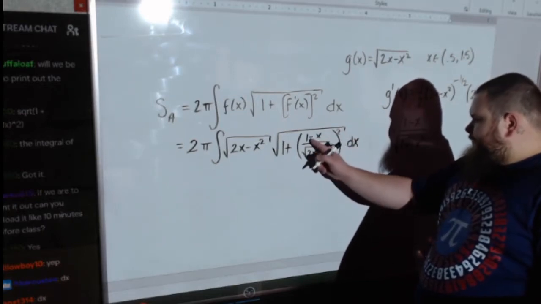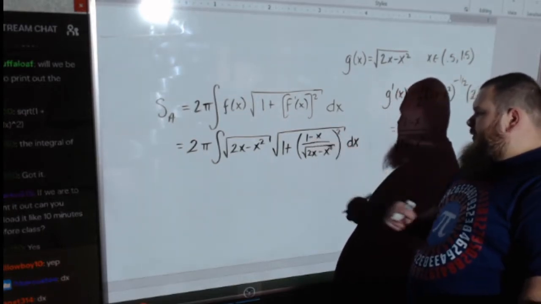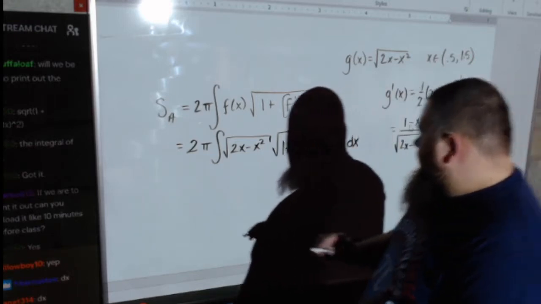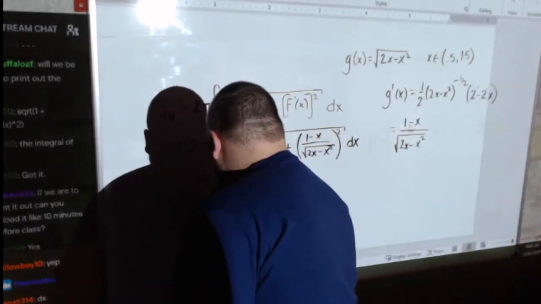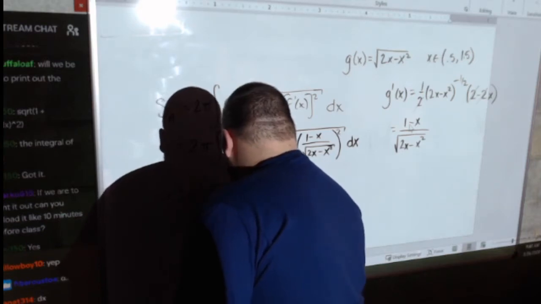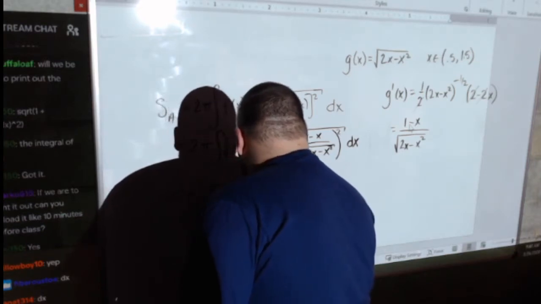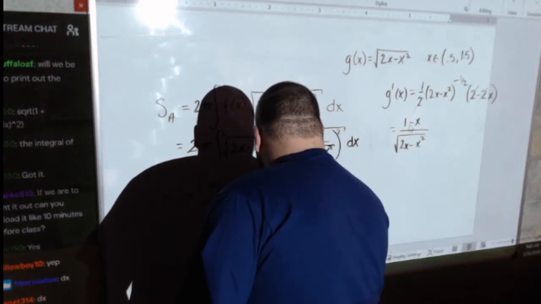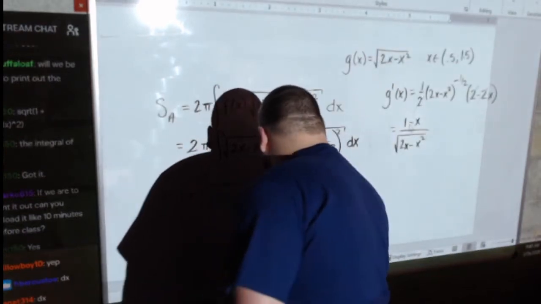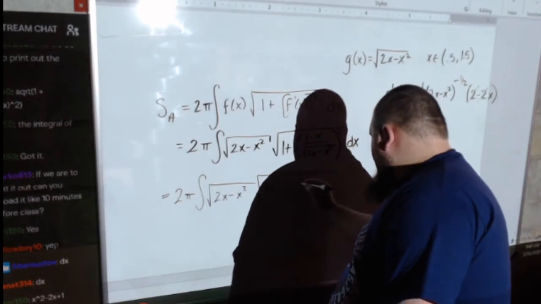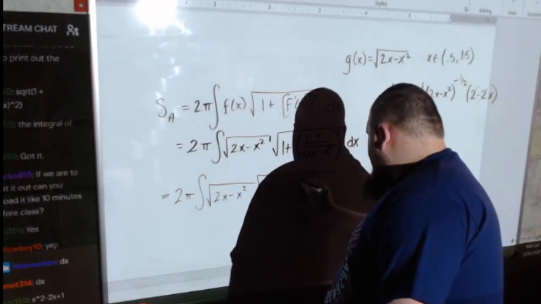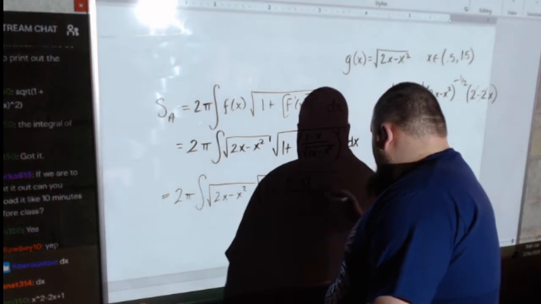Up top, we're going to get 1 minus x quantity squared. So we can go ahead and square that out even. Actually, before I do that, let me just leave it as 1 minus x squared.